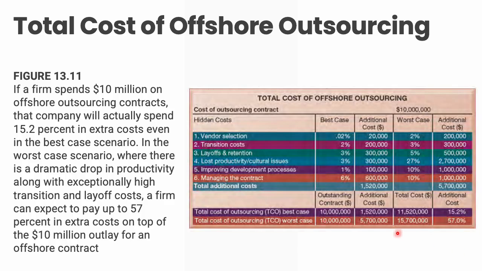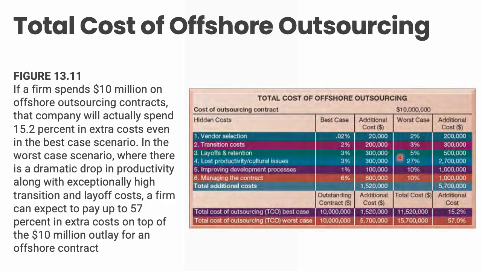And this chart shows two scenarios. In the best case, even if everything goes well, the company will still have to pay an extra 15.2% for the hidden cost. That's 1.5 million.